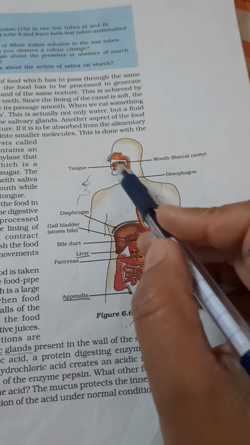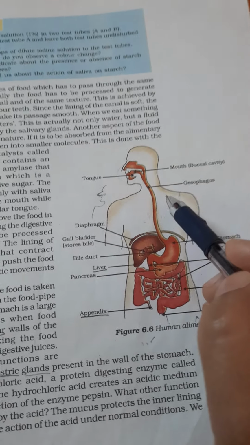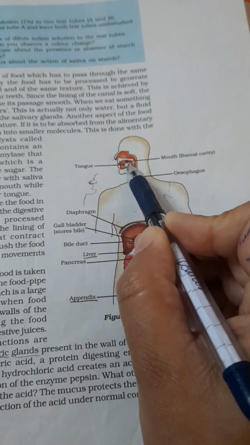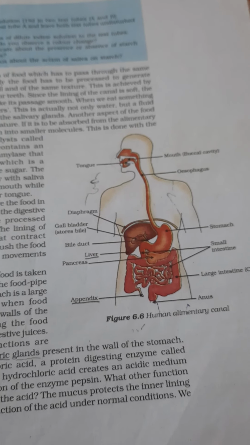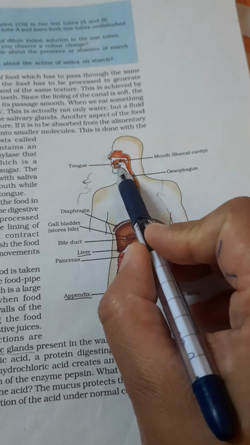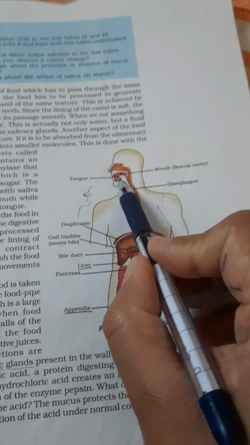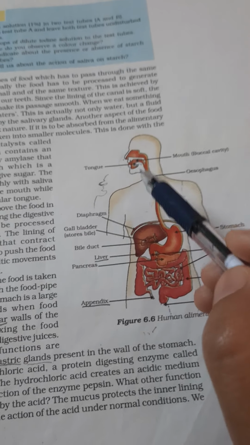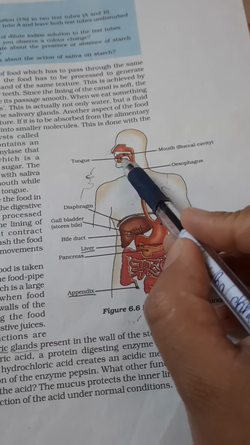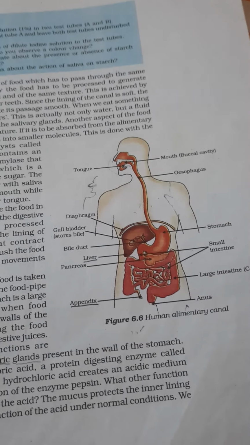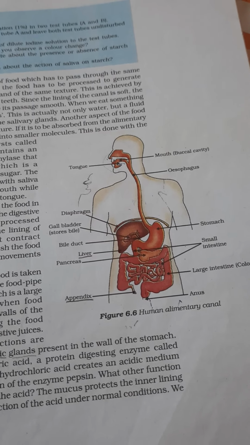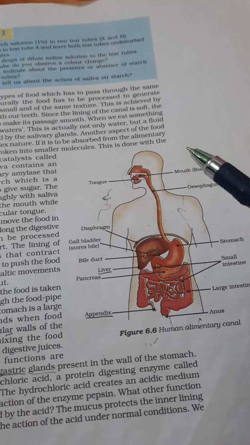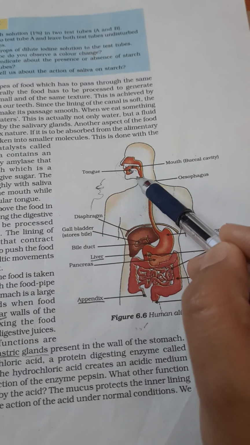Now, while we are chewing the food, the salivary gland, which is present below our tongue, secretes saliva. Saliva means ral in Nepali. Saliva helps in lubricating the food. That means making the food moist. Moist means चिसो बनाउँछ, गिल्लो बनाउनुमा help गर्छ सलाइभाले. And the salivary gland also secretes mucus.